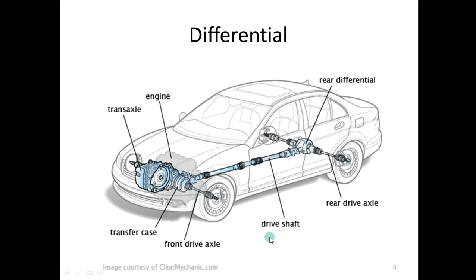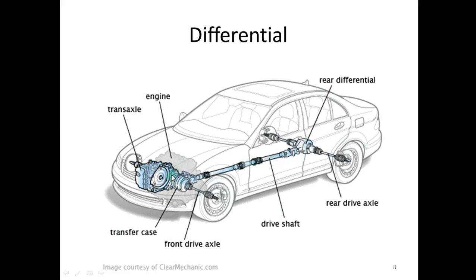So in this picture you can see some parts of the vehicle. This is the front part and this is the rear part, and here is the engine. From the engine to the differential there is a rod connected.